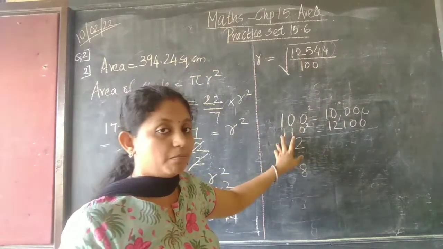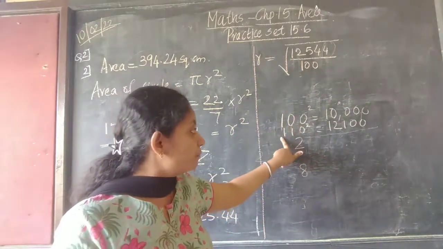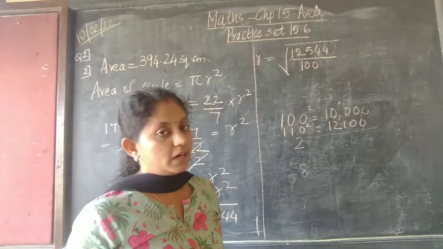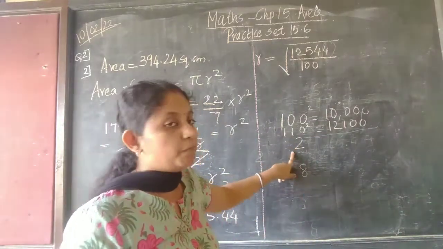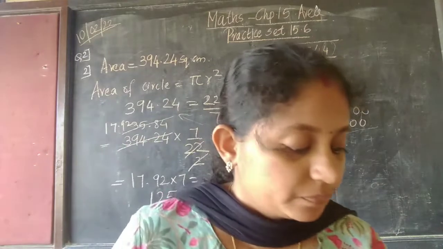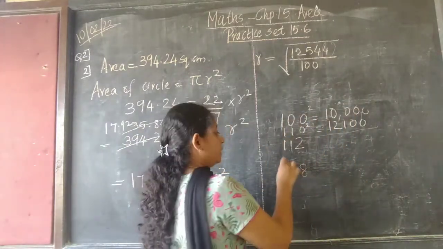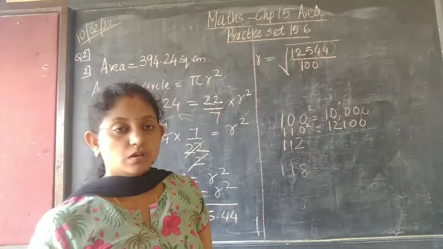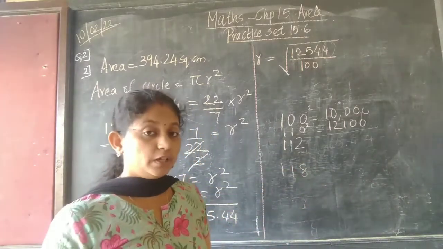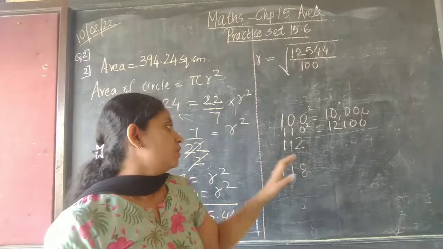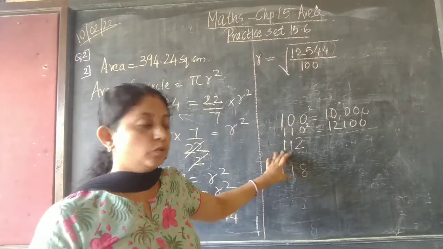That means the square root is after 110. So after 110, only possibility is it could be 112 or it could be 118. First check whether it is 112 or not. Just multiply 112 into 112.